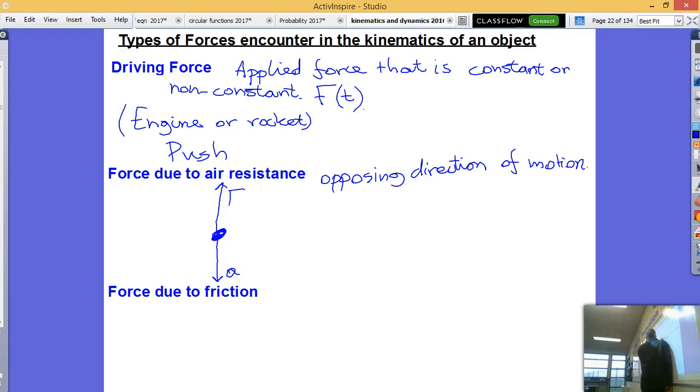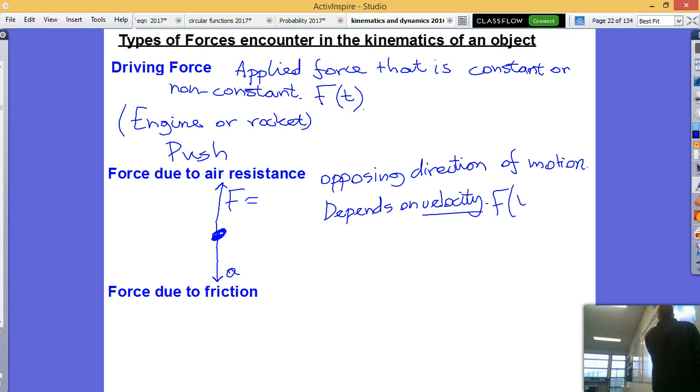Air resistance depends on velocity, so it's a function of velocity. In this case, you might have some constant multiplied by v for linear air resistance, or you can have quadratic air resistance.